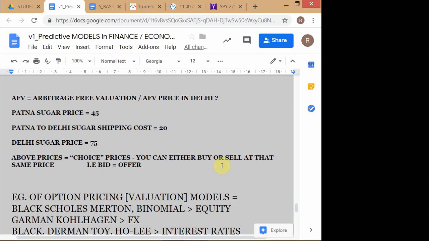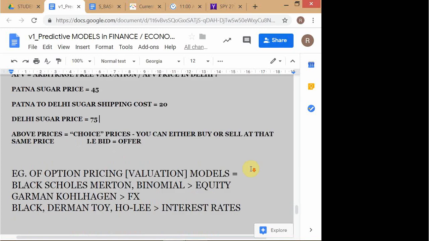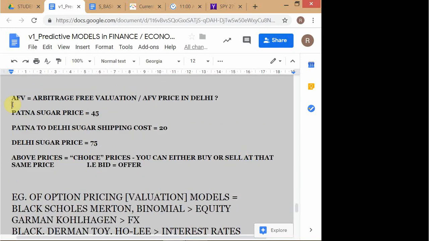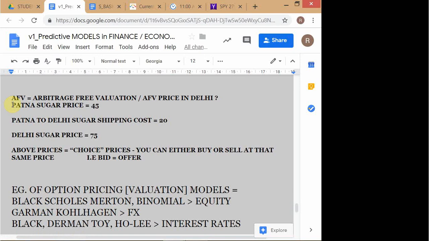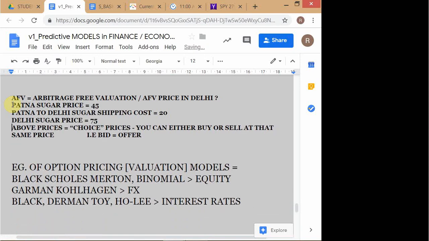So the question we are asking in this little example is, what is the AFB price of sugar in Delhi? No restrictions on UP Delhi trade, so no restrictions on shipping across UP Delhi borders and all that.